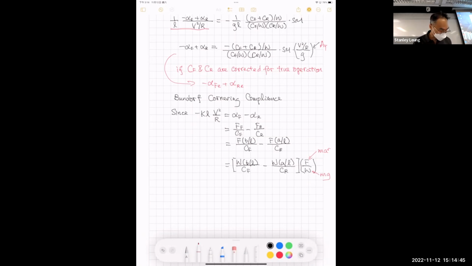Then we have minus A L B square over R equals to rate of 1 CF minus rate of year CR.